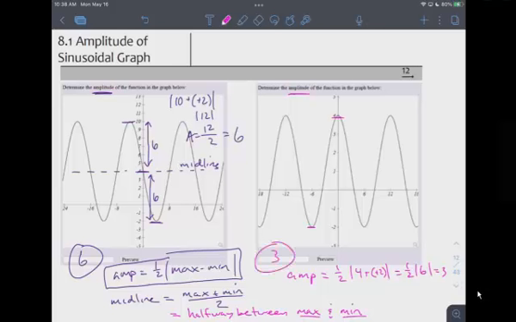If we count it down, 1, 2, 3, 1, 2, 3, we can see that halfway between these is your midline, but the amplitude is this distance, the distance from the midline to the max and the midline to the min. Once again, your midline would be that horizontal line. So the amplitude is 3, and the midline would be y equals 1.